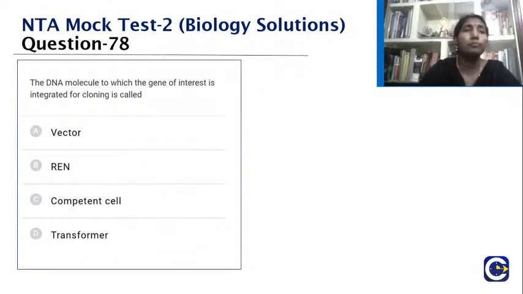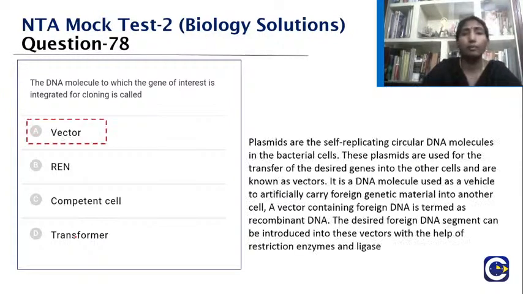Good. The DNA molecule to which the gene of interest is integrated for cloning is called: vector, REN, competent cell, transformer. Like how we saw the probe, the radioactive molecule getting attached to the DNA or RNA, here the gene of interest, if you are going to incorporate it in the DNA, we call that a vector. The plasmids are self-replicating circular DNA that you see in the bacterial cell.